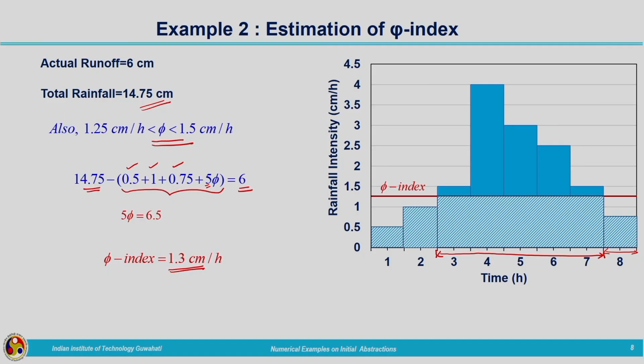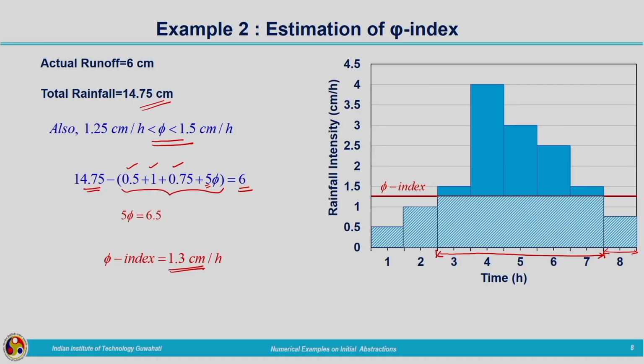So, total abstractions we will calculate in terms of phi index, and that we will deduct from the total rainfall value, which will be equated with the total runoff depth at the outlet of the watershed. That way we can determine the phi index value. In these types of problems, you need to have runoff depth or phi index given to you. So, these types of approaches are applicable to gauged catchments.